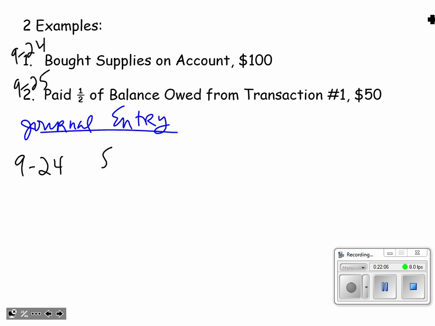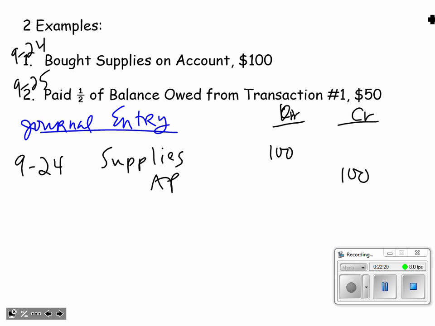If we bought supplies, we debit supplies for $100. We credit AP for $100. There's a debit column, there's a credit column. That's what an actual journal entry would look like. That's what an accountant would really do.